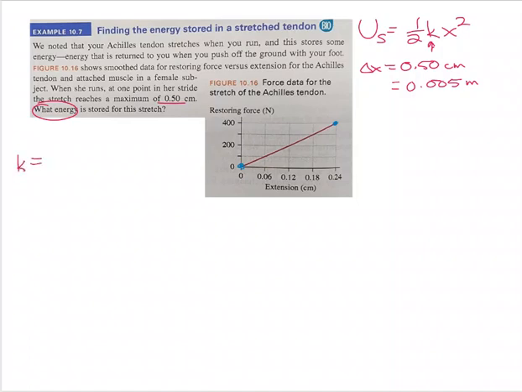slope. So y2 minus y1 over x2 minus x1. So 400 newtons, and 0.0024 meters. So that's y2 minus y1. Y1 is 0 newtons. Divide by x2, which is 0.0024.